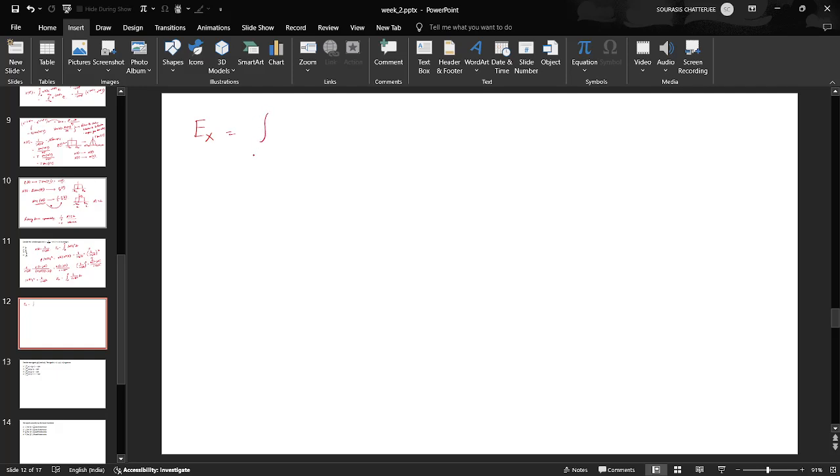So let us compute the integral here, minus infinity to infinity 4 over 1 plus 4t square dt.